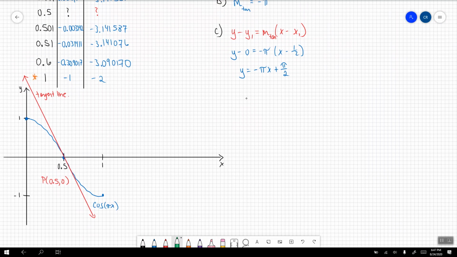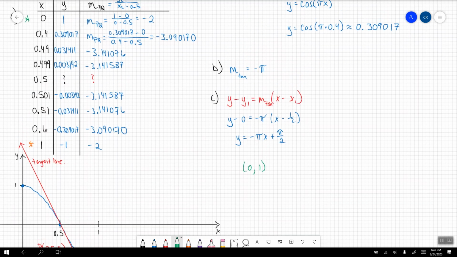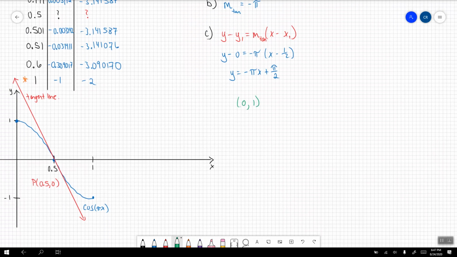For the first ordered pair that I'm going to be working with, that's going to be 0, 1, and we know that the slope was -2. Now that we have this, we can find the equation of the line, or we can simply graph the point. So at 0, 1, it has a slope of -2.